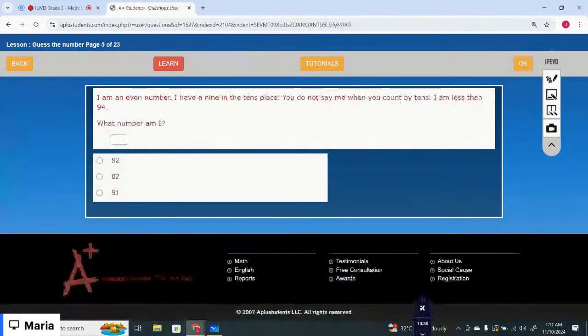I'm an even number. I have a 9 in the tens place. When you count by tens, I'm less than 94. So which number is it?